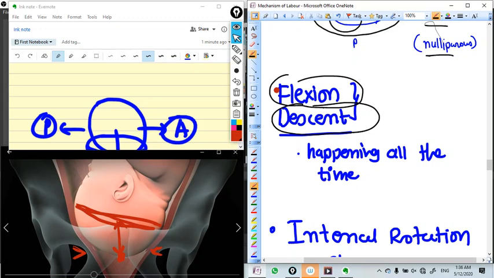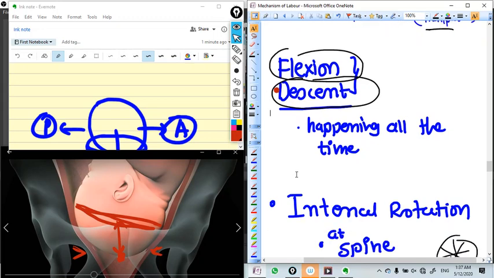If the baby has to come out, it has to go down first and get its head flexed. Only then can it easily come out of the pelvis without any trauma. If it doesn't bow and if it extends its head, the delivery will not be that easy and it can get some trauma.